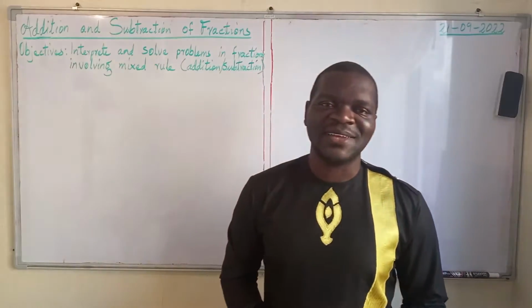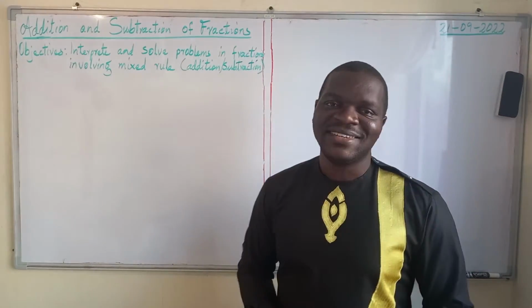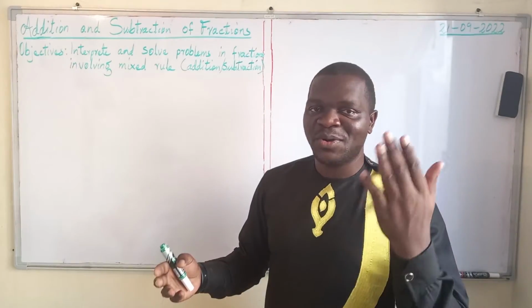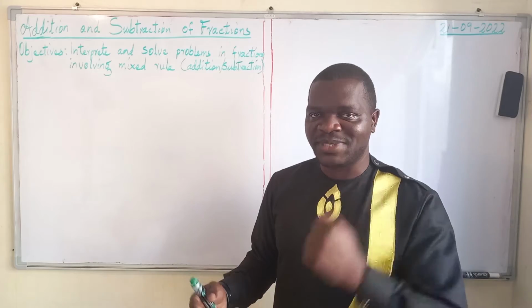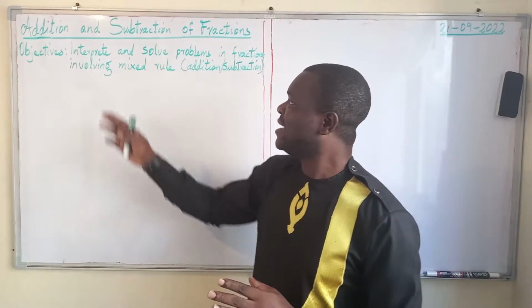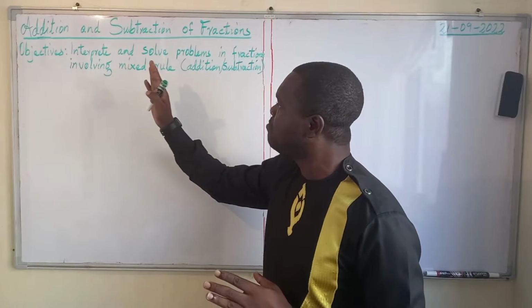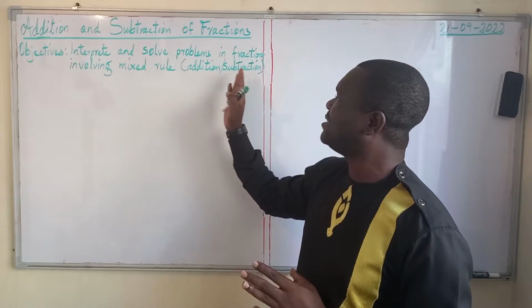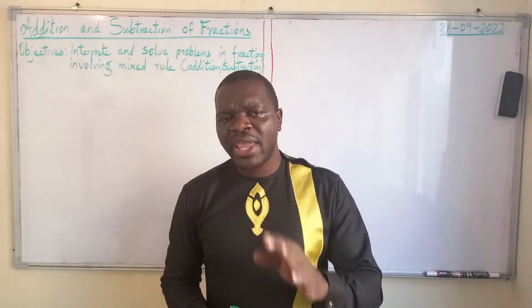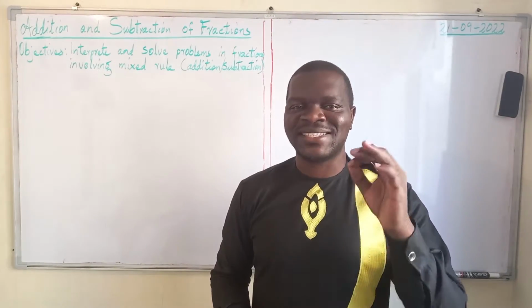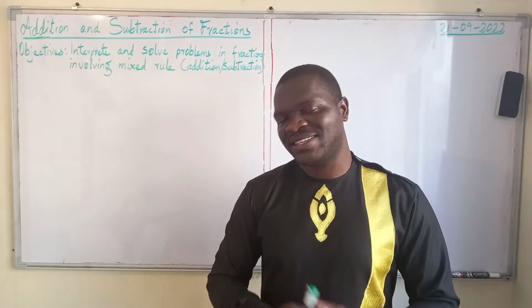Without waste of time, we'll go straight into laying out what we want to achieve at the end of the lesson. We have just one objective to attain today, and that is to interpret and solve problems in fractions involving mixed row, that is addition and subtraction. Pay very close attention so that you don't miss out on any important step.